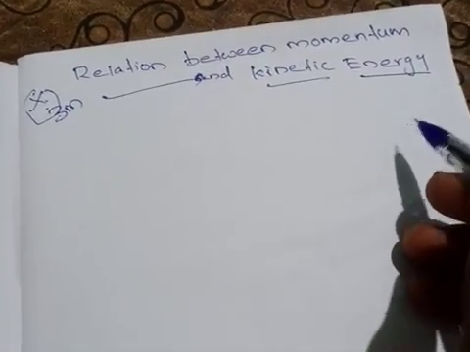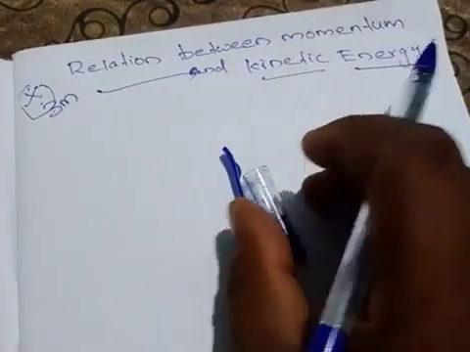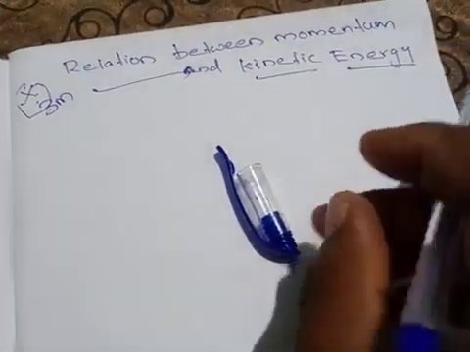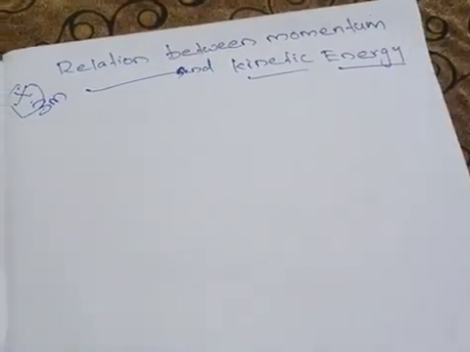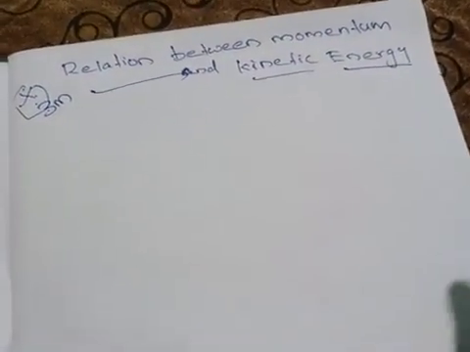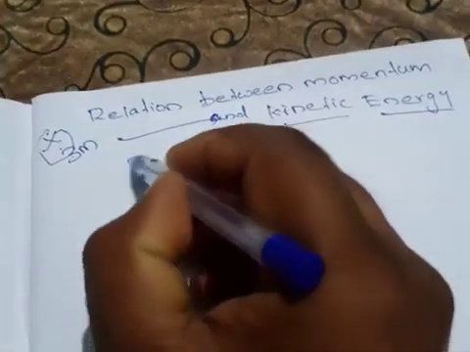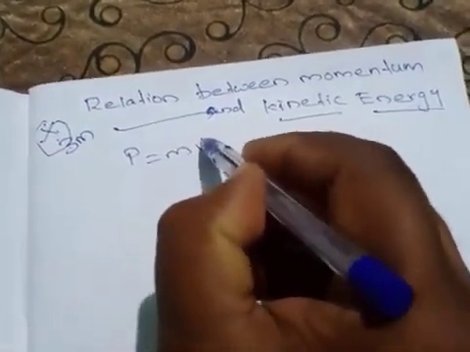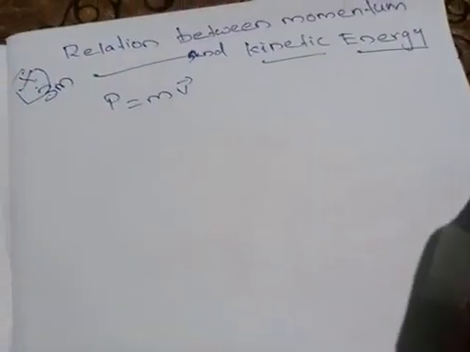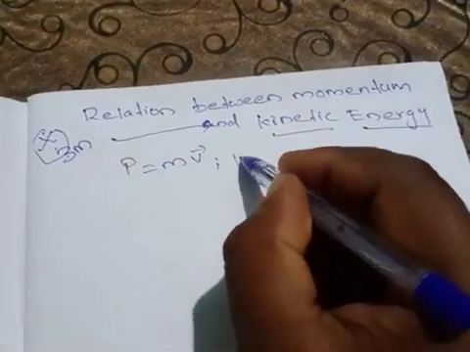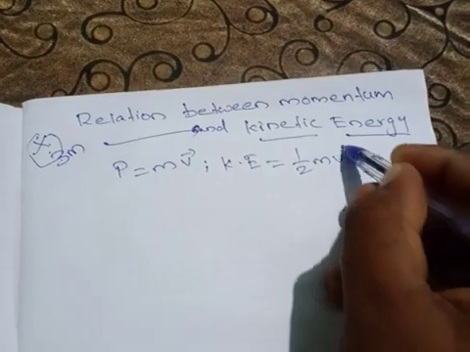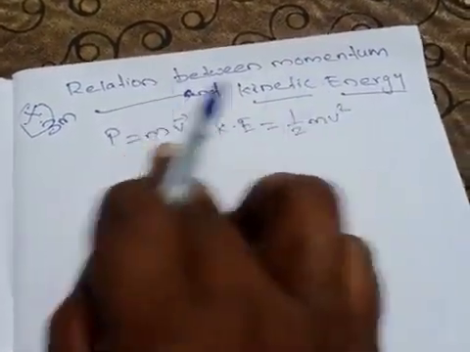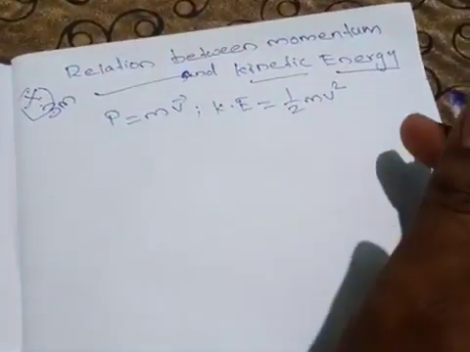So for that we are considering again a mass m, and assume that it is moving with a velocity v. So when it is moving with velocity v, it has some linear momentum p is equal to mv. And we know that its kinetic energy is equal to half mv square. So we are finding the relation between this momentum and the kinetic energy.